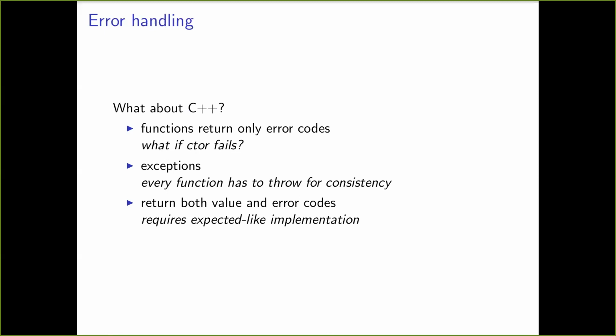We could go for exceptions, and here every function of the C++ library would have to throw, to be consistent, and you would wrap everything in a try-catch clause. It would also be possible to return a value in error codes, but it has to be implemented manually, since there is no standard support for anything like that in C++.